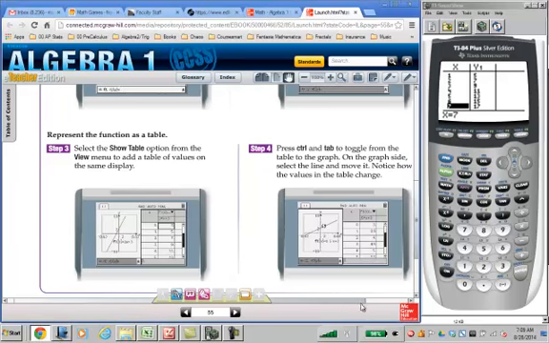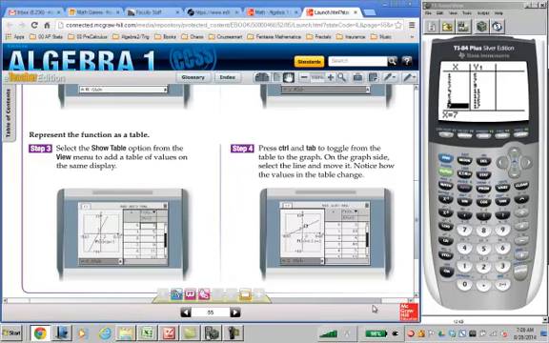Okay, and then what's this last thing here? Unfortunately, on this calculator, the TI-84, you cannot grab the line and move it around and watch the table entries change, like you can on the TI-Inspire.